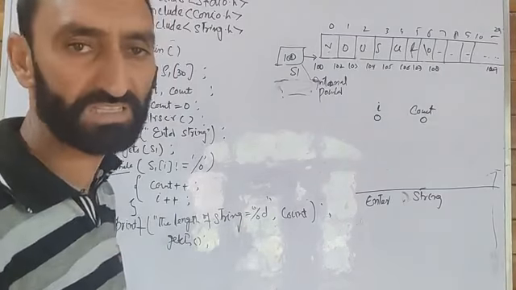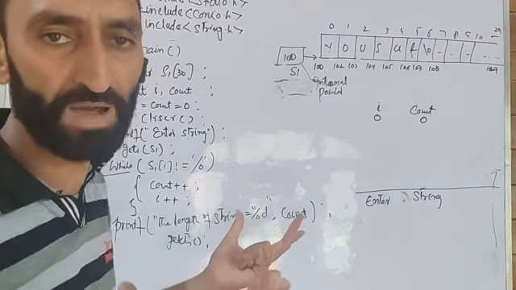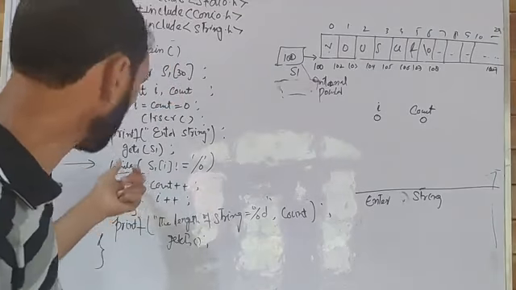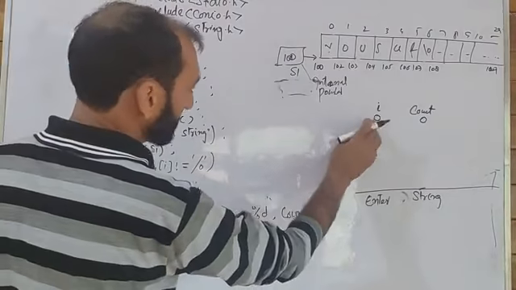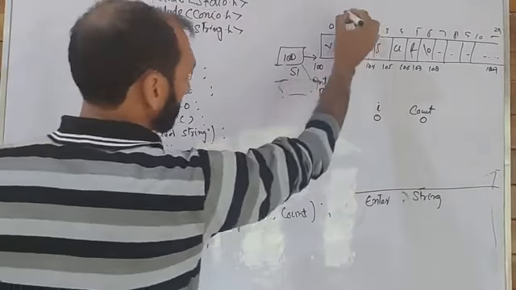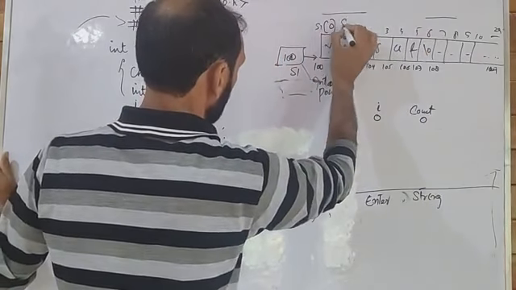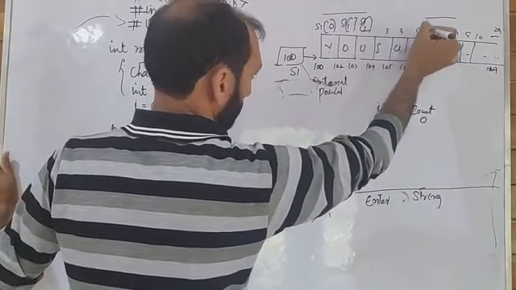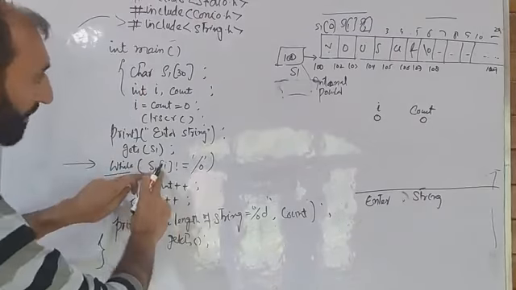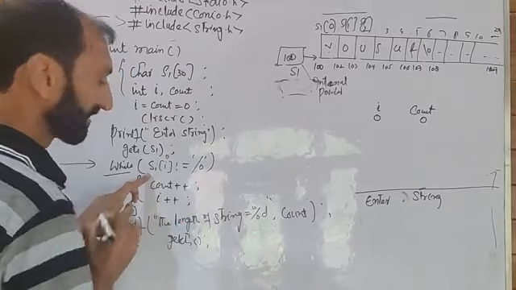You can use any loop, a for loop, do while loop or while loop, but I am here using the while loop: while s1 of I is not \0. Now this is s1 of 0, this is s1 of 1, s1 of 2, s1 of 3, s1 of 4 and so on. s1 of I means s1 of 0, that means here I is 0.